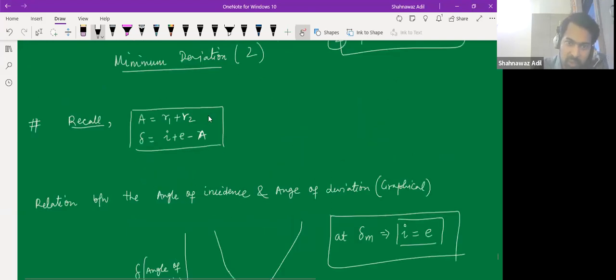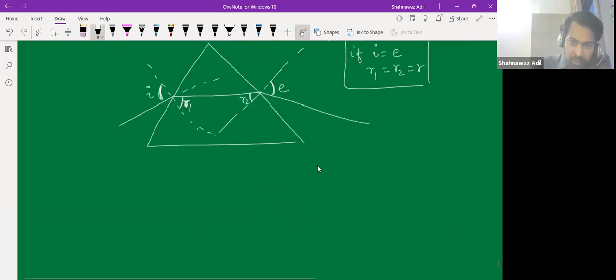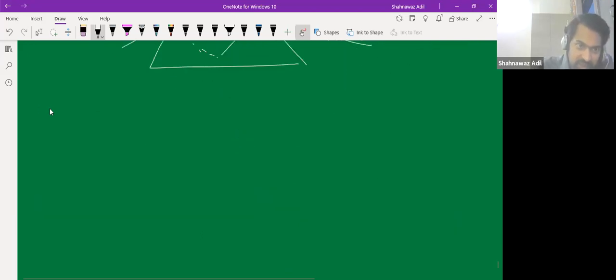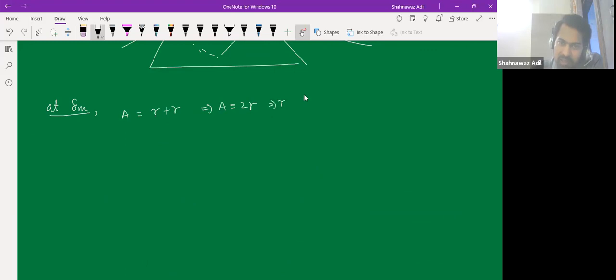We can write what would be this, we can write what would be this, right? So at delta M, minimum angle of deviation, A is R plus R, right? Which is A is 2R, okay? So let's say R is A by 2, right?